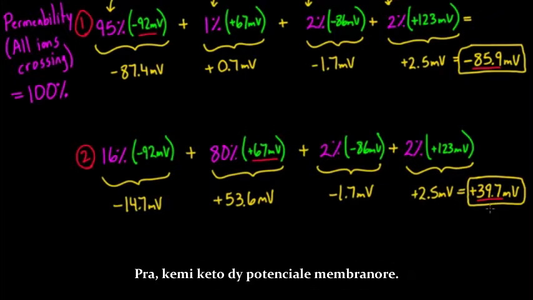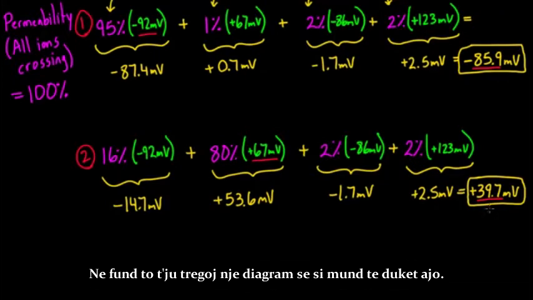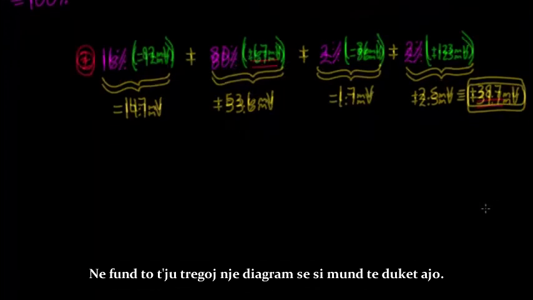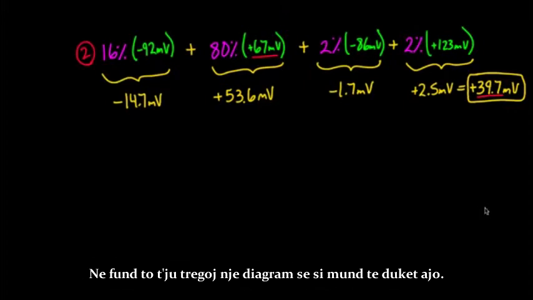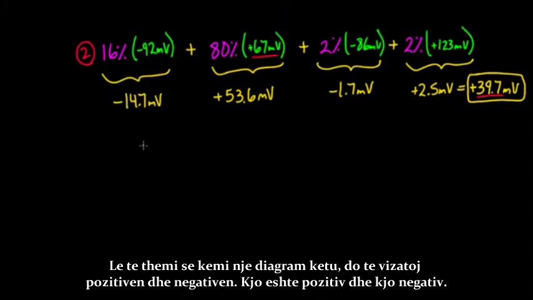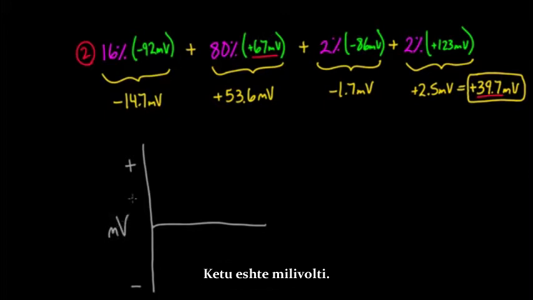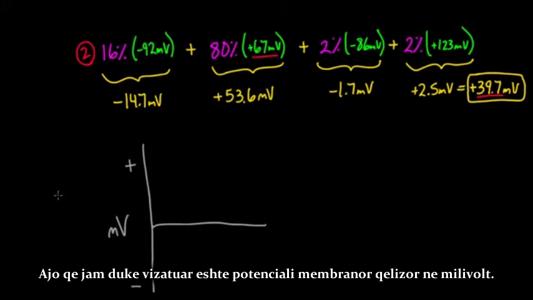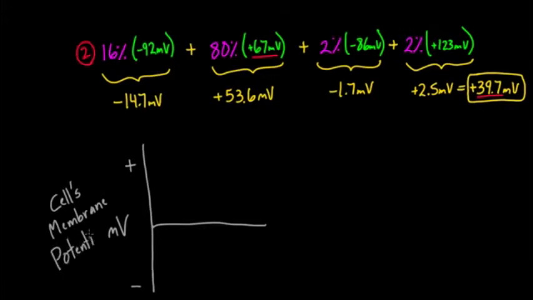So we have these two membrane potentials, and finally I'm just going to show you on a little graph what this might look like. So let's say you've got a little graph here, and I'm going to draw positive and negative. So this is positive, this is negative, and this is millivolts. And what I'm drawing for you is the cell's membrane potential, in millivolts, right?